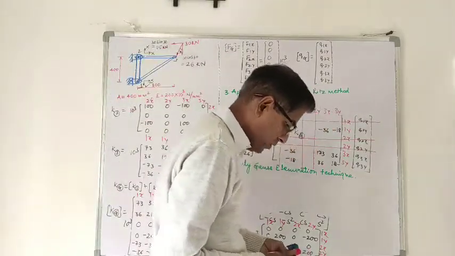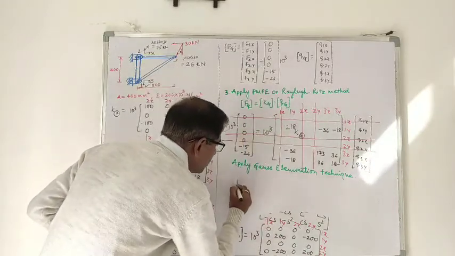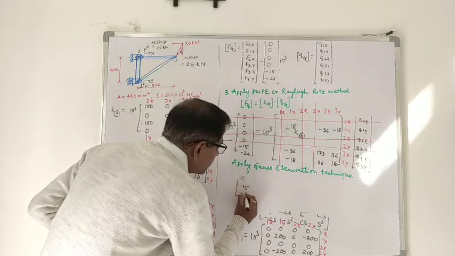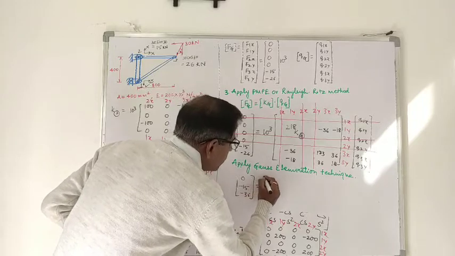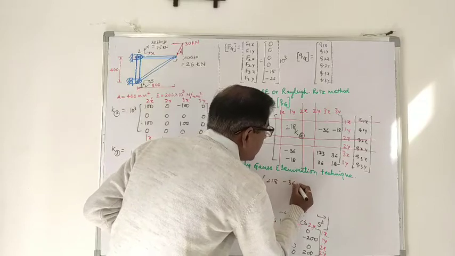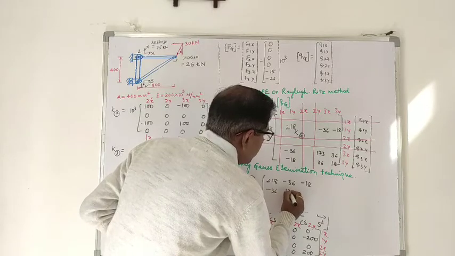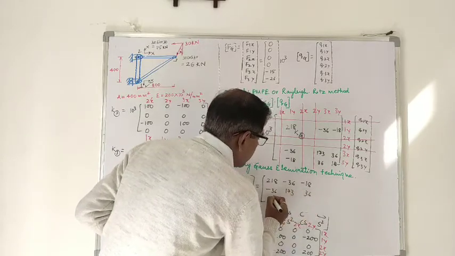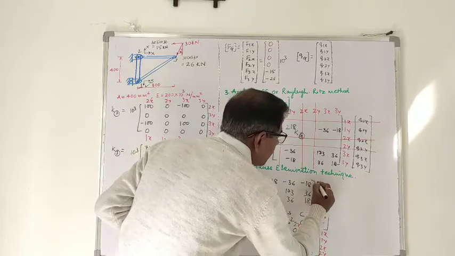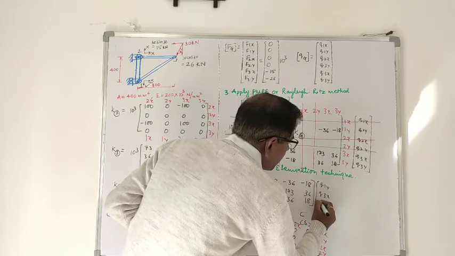So if you write the reduced matrix, 10 to the power 3, 10 to the power 3 get cancelled. So what is left here? 0, minus 15, minus 36 is equal to 218, minus 36, minus 18, minus 36, 173, 36, minus 18, 36, 18, multiply by q1y, q3x, q3y.